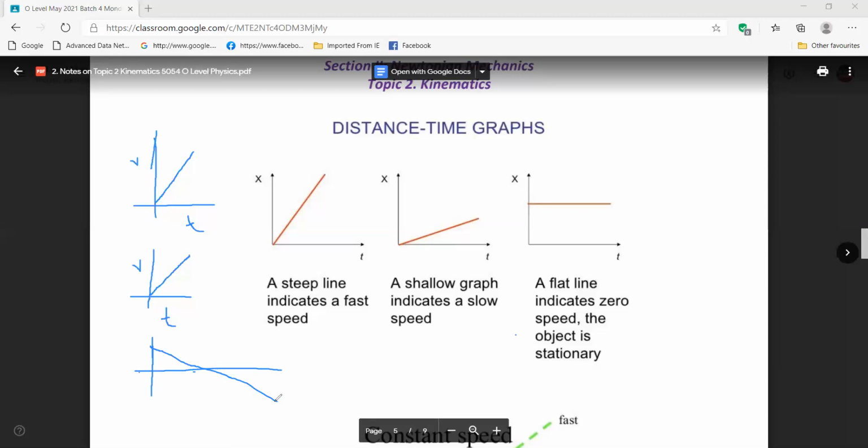So the velocity-time graph is always like this, from positive going to negative? Yes, we normally consider this way. We have one question in the worksheet. When we discuss that one, it will be more clear to you.